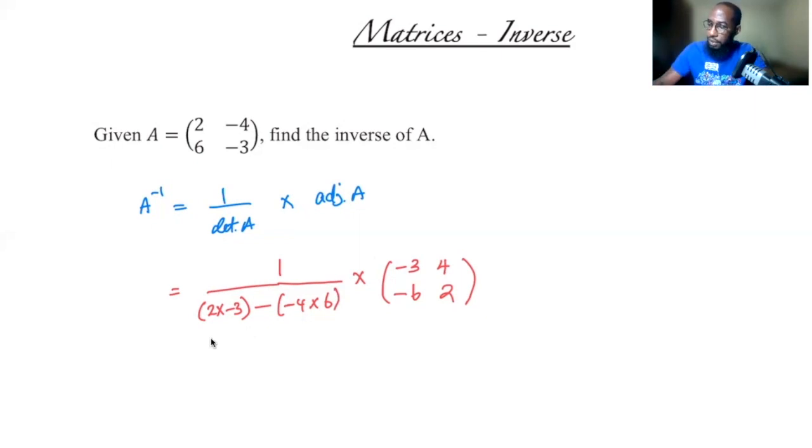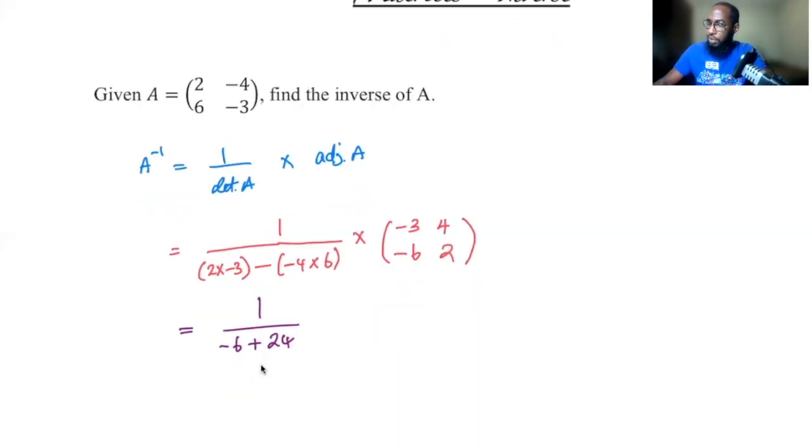So simplifying, we have 1 over 2 times -3. When you multiply two different signs, it's a minus. 2 3s are 6, 6 4s are 24. Well, you have -24 in this bracket. When you're multiplying two same signs, it's positive, and 4 6s are 24.